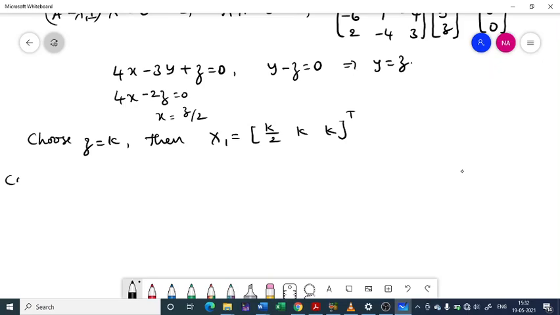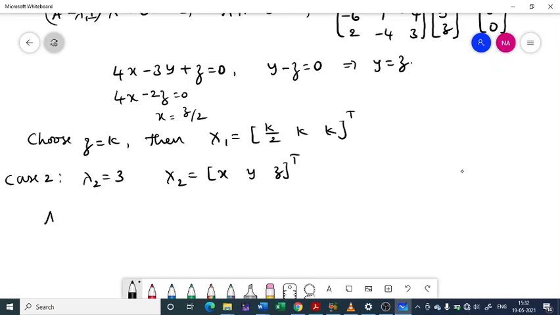Next, case 2. Here lambda 2 is 3 and x2 is x, y, z transpose.